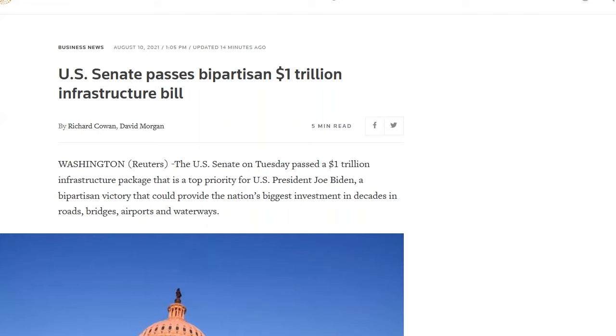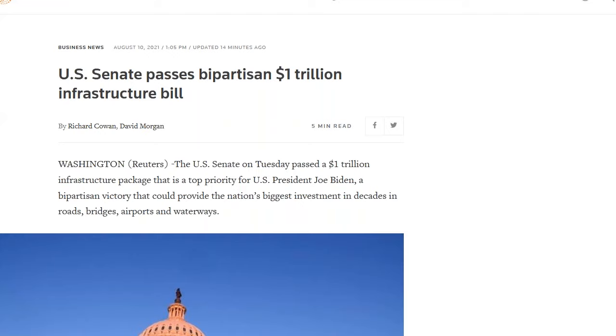And they did get it passed, it looks like, by this headline. And the House of Representatives, which is controlled by the Democrats in the US, with a decent majority, will likely push this bill through without any trouble. And so we're looking at more stimulus now in the US.